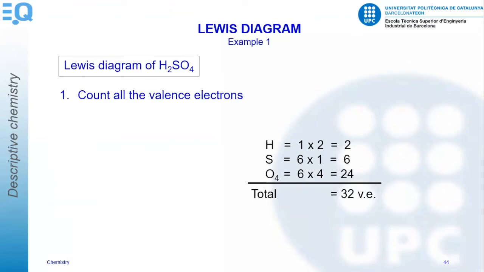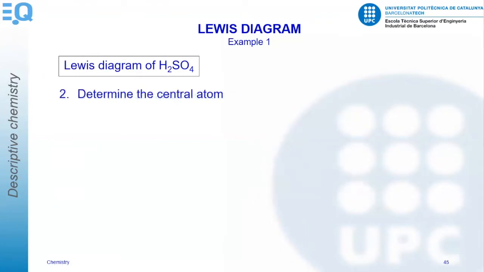Sulfur has 6 valence electrons, and there's only 1 atom, so that means 6 valence electrons. And then oxygen has a valence number of 6, and we have 4 atoms. Therefore, we multiply 6 by 4, which gives us 24. If we add 24 plus 6 plus 2, we get 32 valence electrons.